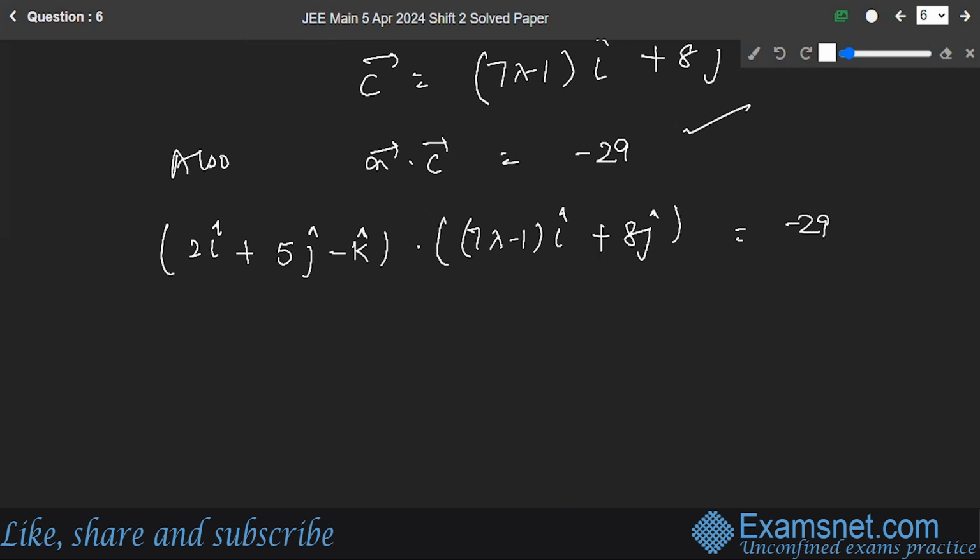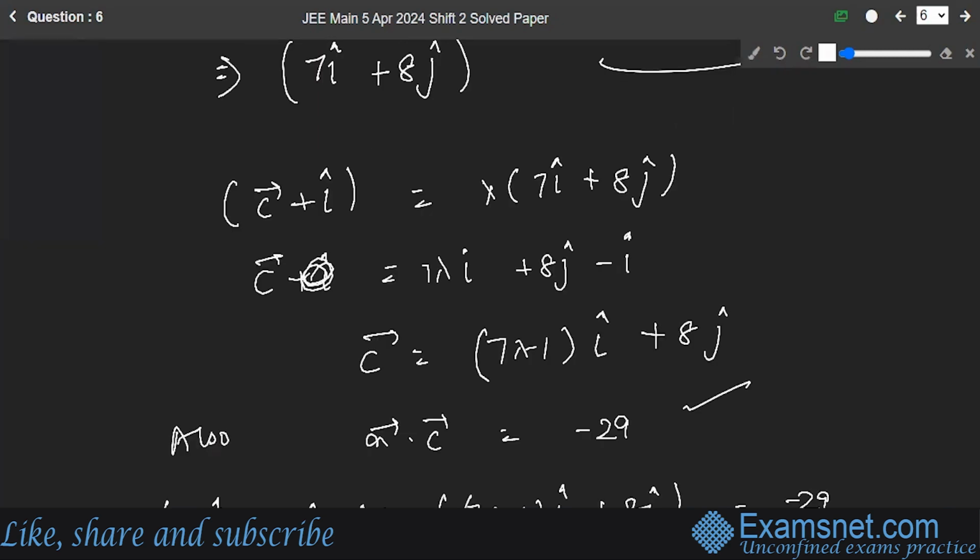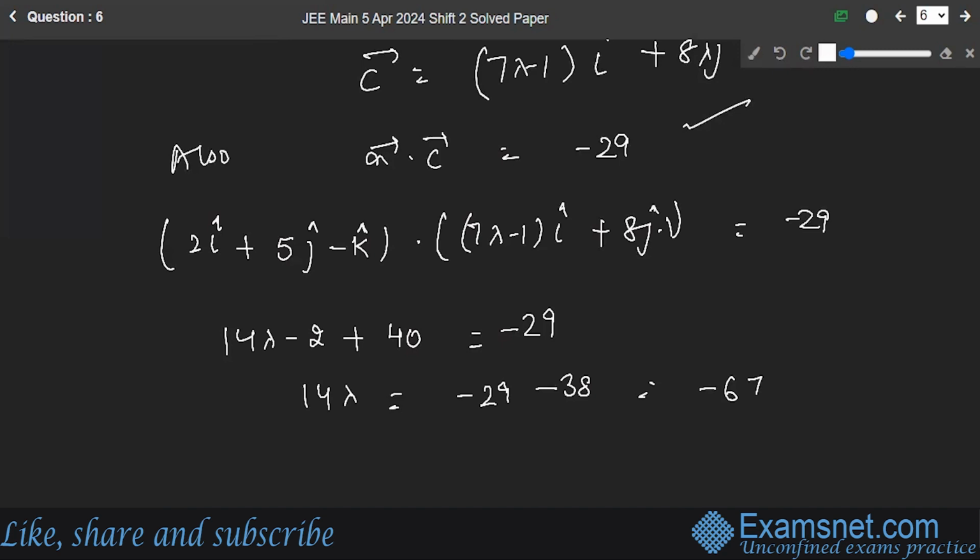Okay. So this will give me 14 lambda minus 2 plus 40 lambda. Yeah, K is missing. So this is equal to minus 29. Wait, it was 8 lambda J. So this is lambda over here, and this is into lambda, so this will be 40 lambda.